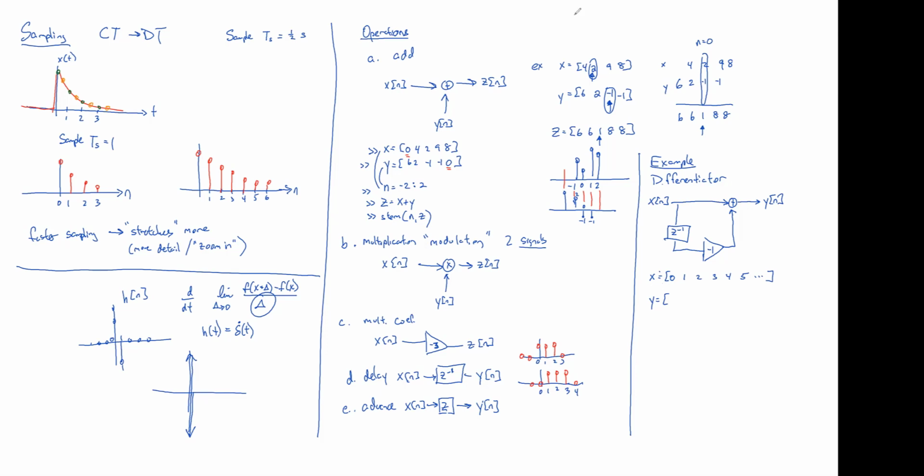Guess I need to show where my time is 0. We're going to start it off here. So if this is our 0, we're going to assume that our input was 0 before that point. In other words, we're going to assume that our system starts totally at rest, and that the previous input was also 0. If I was to graph it, we'll assume that it looks like this.